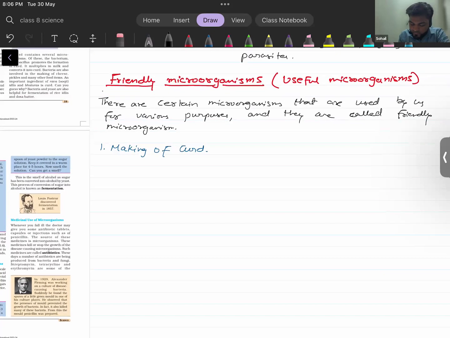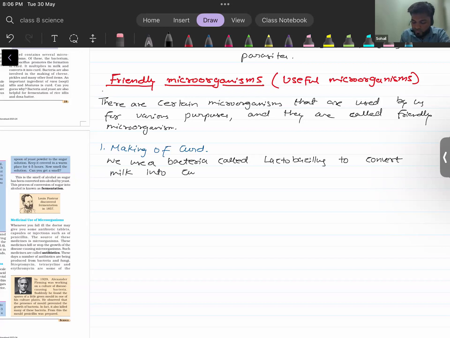So we say that we use a bacteria called lactobacillus to convert milk into curd. What does the process involve here?